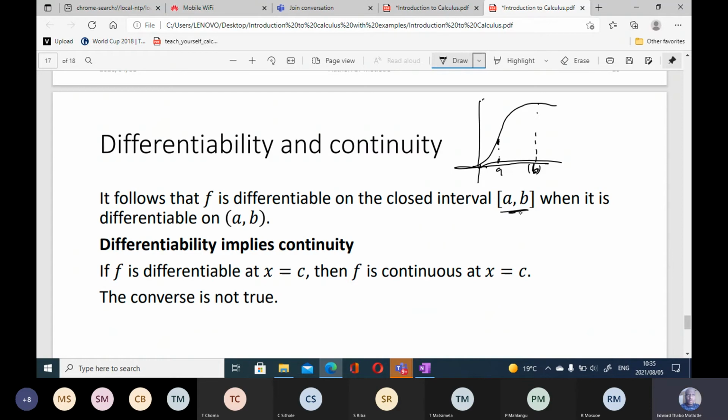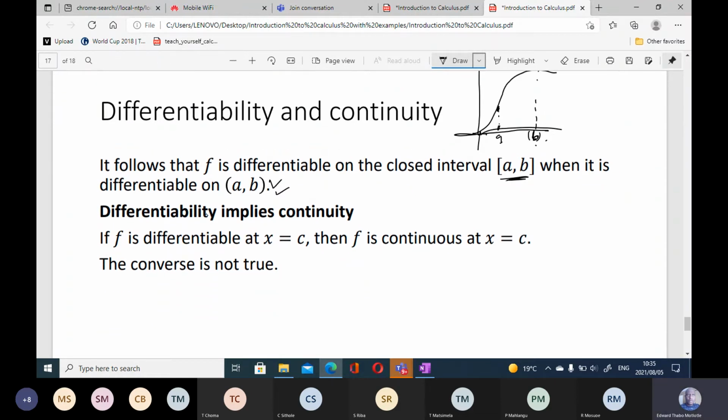The first one means that a and b are included. And the second one means that a and b are excluded. So if your function is differentiable on an open interval (a, b), then we conclude that this is also differentiable on the closed interval. Okay. Now the last part means that differentiability implies continuity.